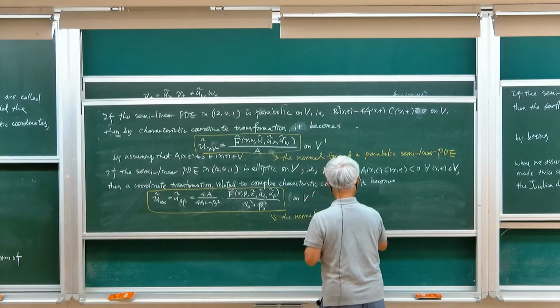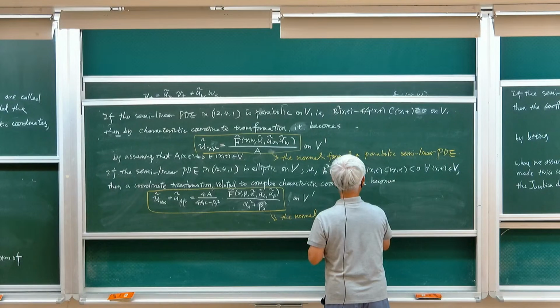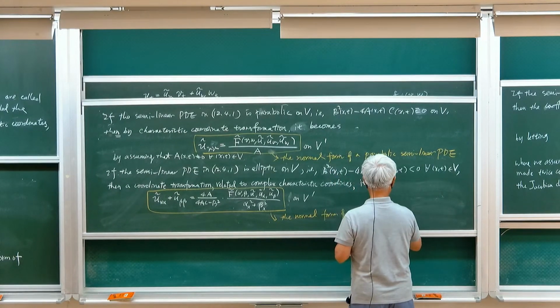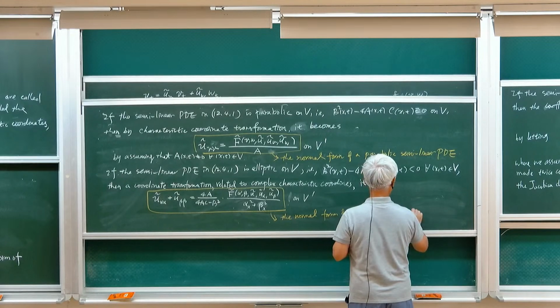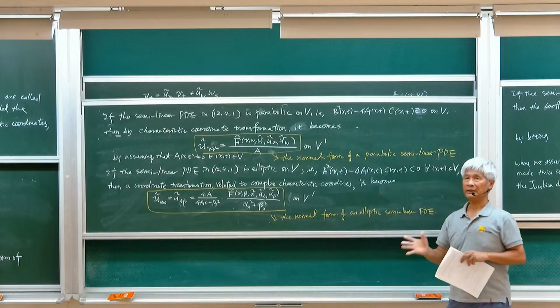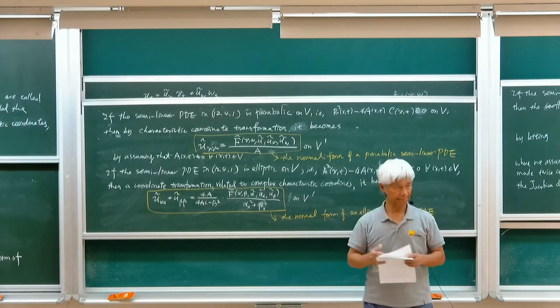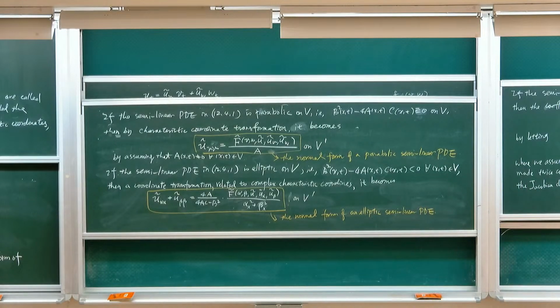This is a Laplacian. And so this form is called the normal form of elliptic semi-linear PDE. Okay. So now you can see that we can simplify them in this way. Right.